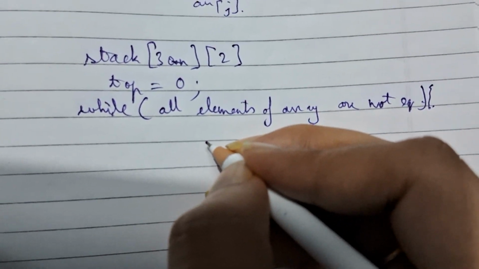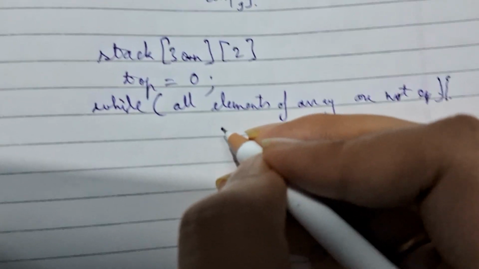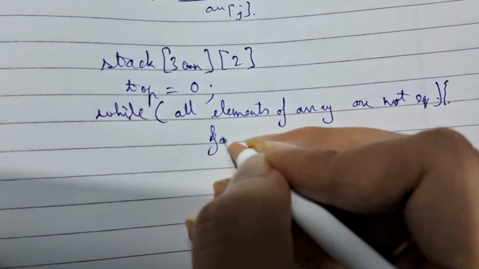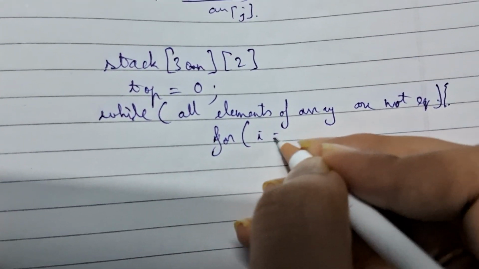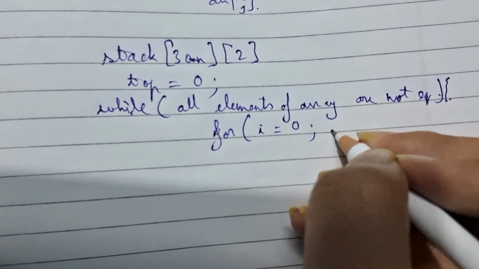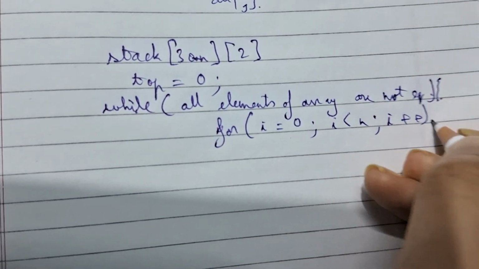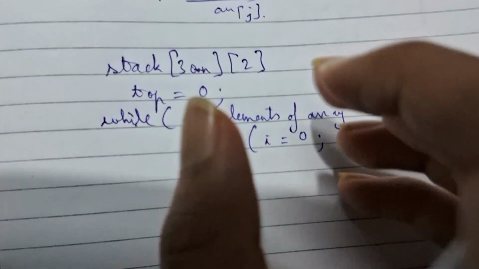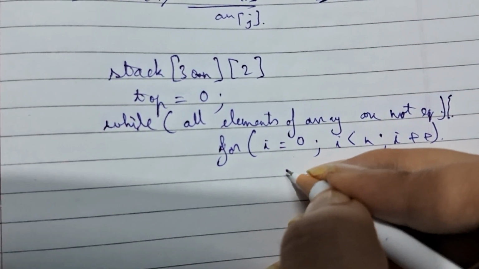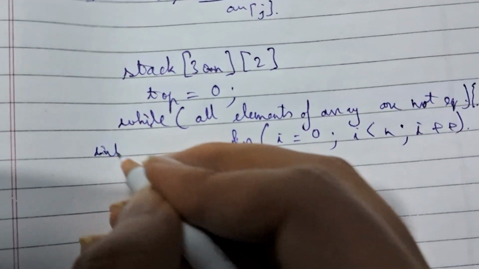So what you have to do is, okay, we can do one thing. For i = 0, i < n, i++, that is traversing throughout the whole array. First of all we have to find the minimum, right?